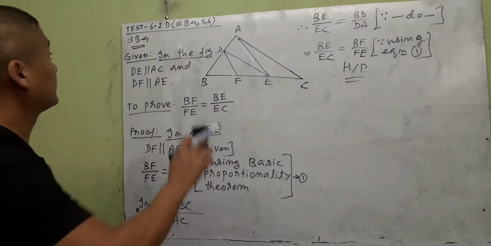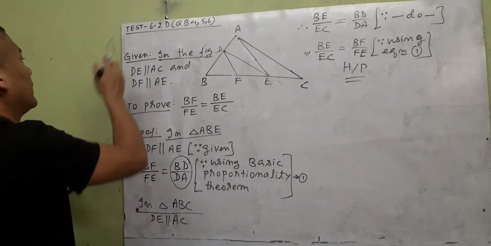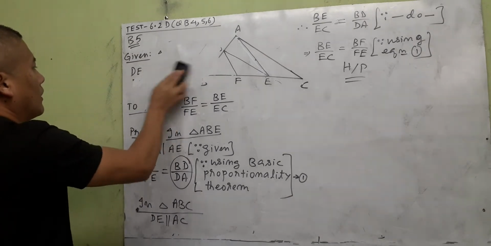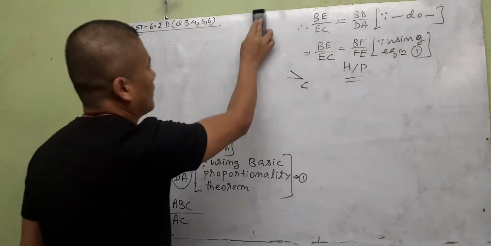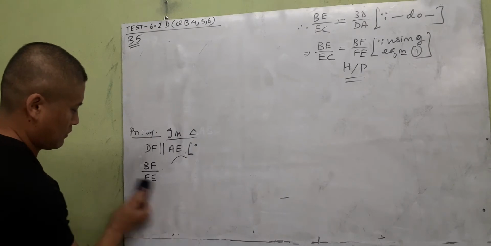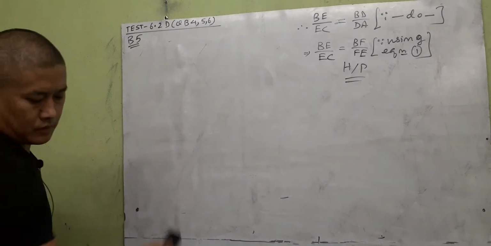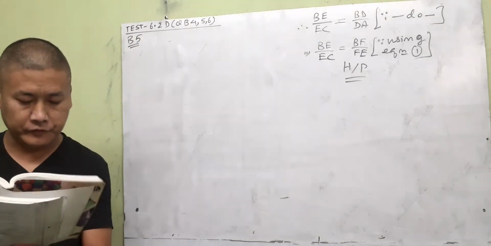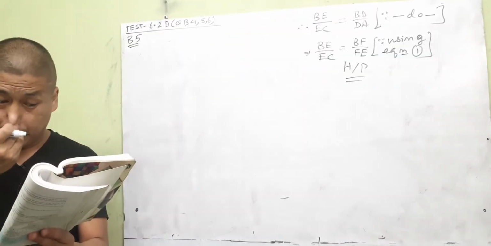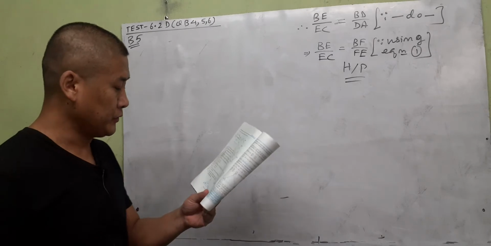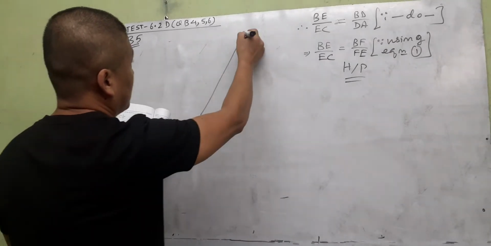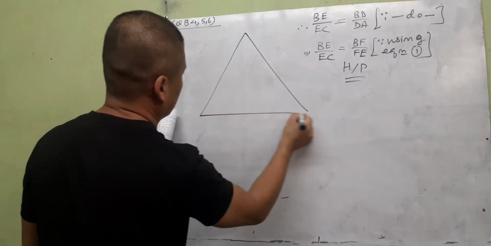The next question is question number 5. See there, in figure 6.24 on page 134, DE is parallel to OQ and DF is parallel to OR. So let's draw that figure 6.24, which is something like this.